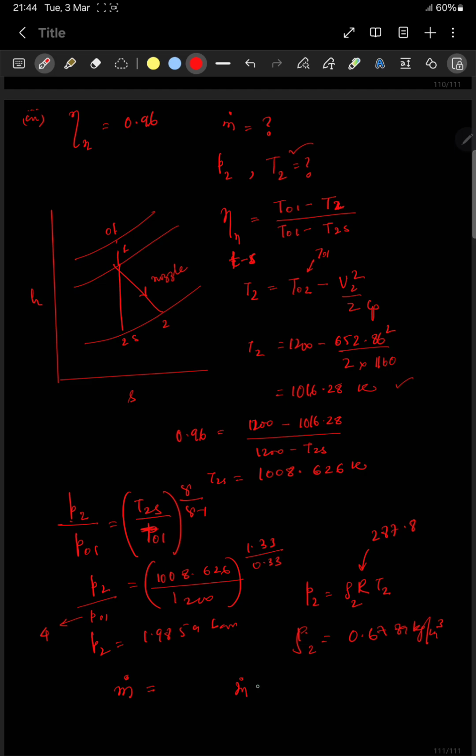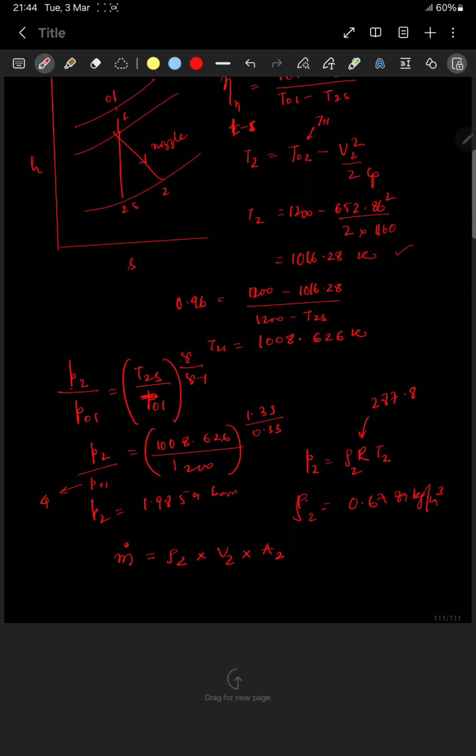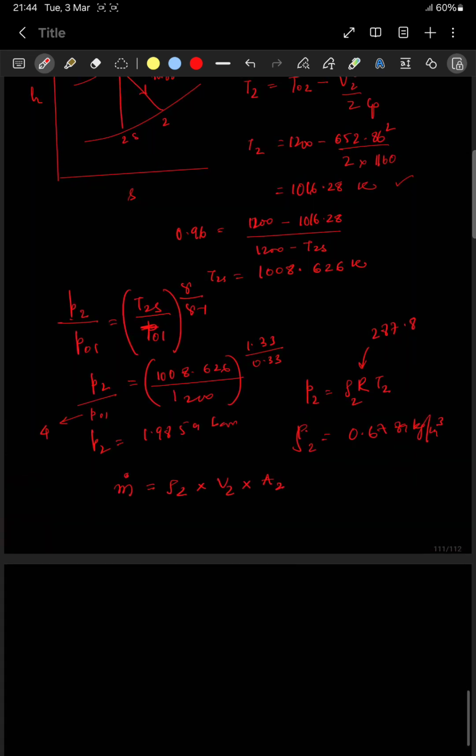Now m dot is how much? m dot is rho 2 into V2 into A2. Now we know all these things. We only have to find out A2.